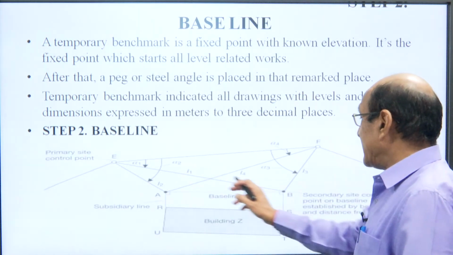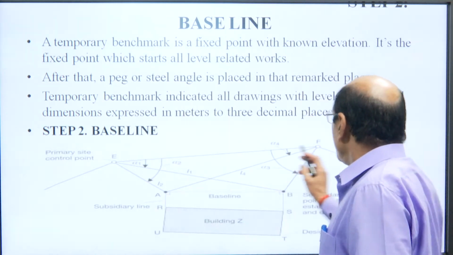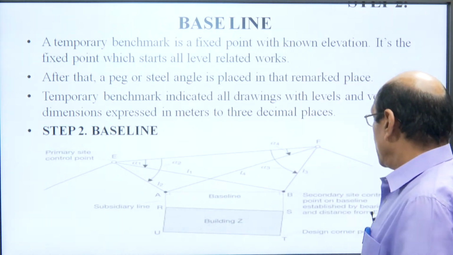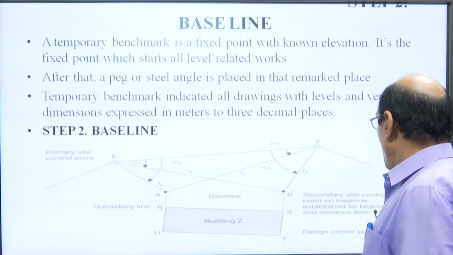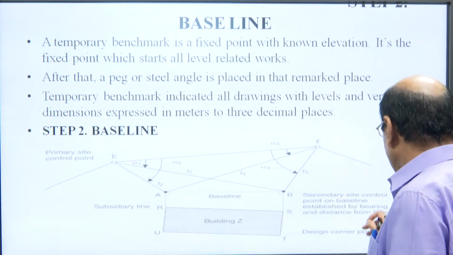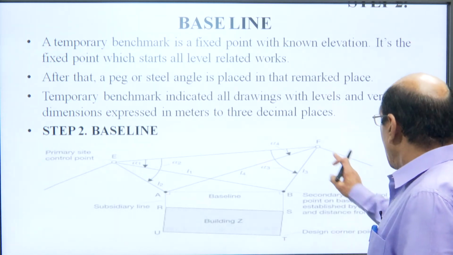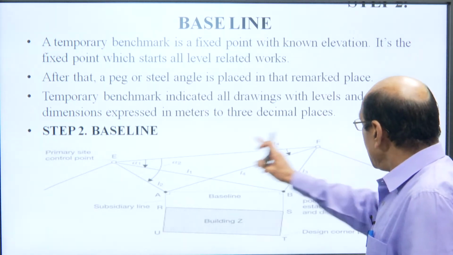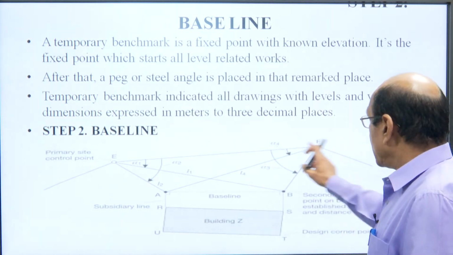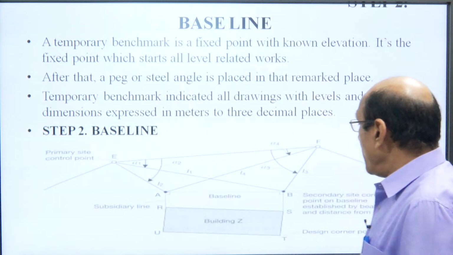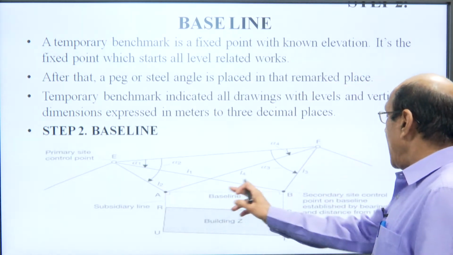This is the secondary control point which is measured from E to F. So, the secondary site control point on the baseline is established by bearing and a distance from E and F. So, this could be marked by this one. So, we will get a baseline A and B.